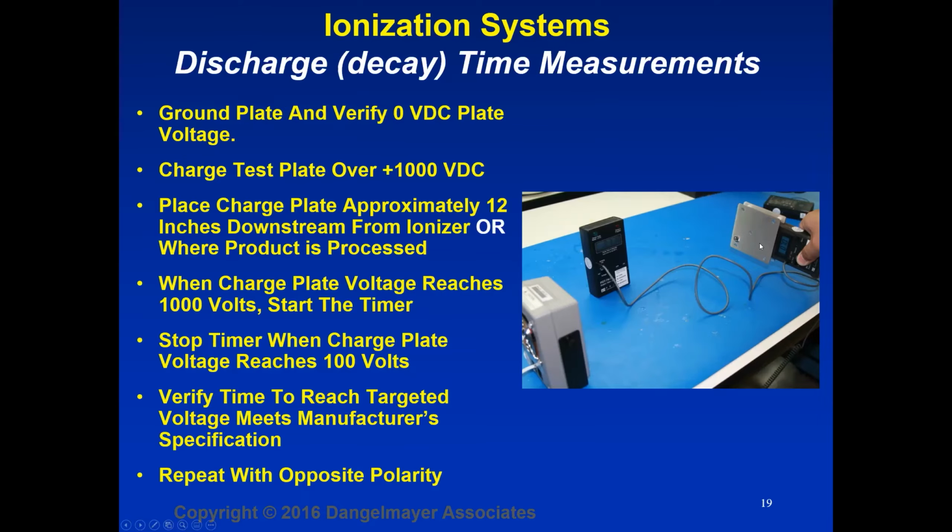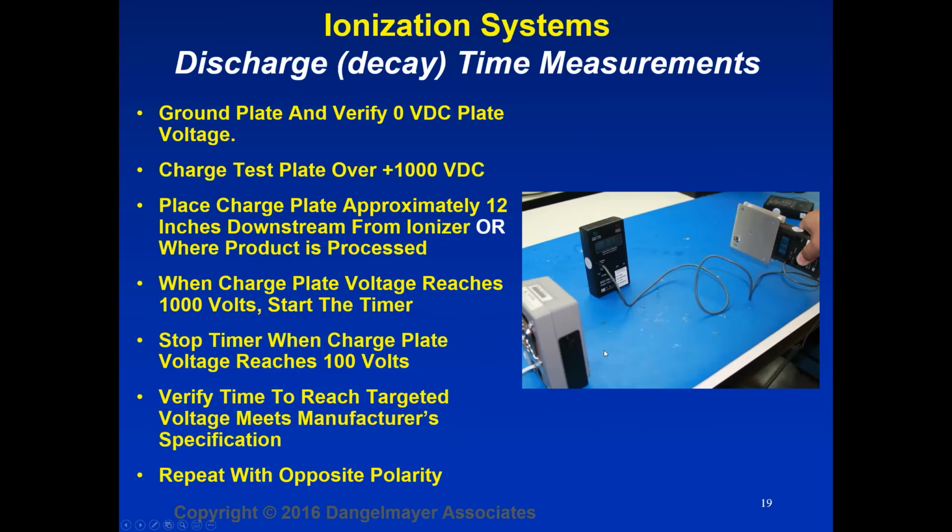So what we do here, first of all, ground the plate, verify 0 volts DC, charge it to over 1,000 volts. Place the charge plate approximately 12 inches away from the ionizer, or where you actually do your work, where the product is processed.